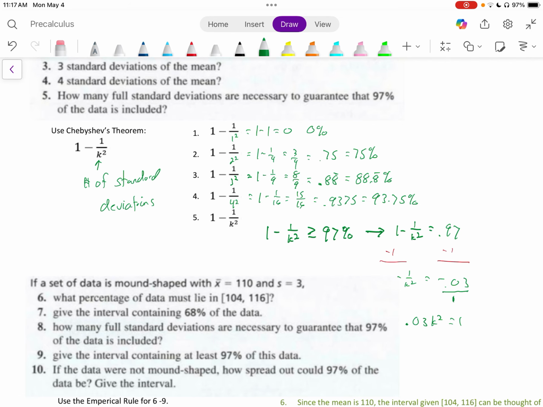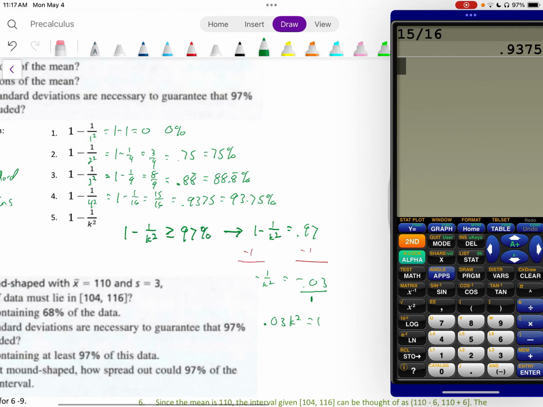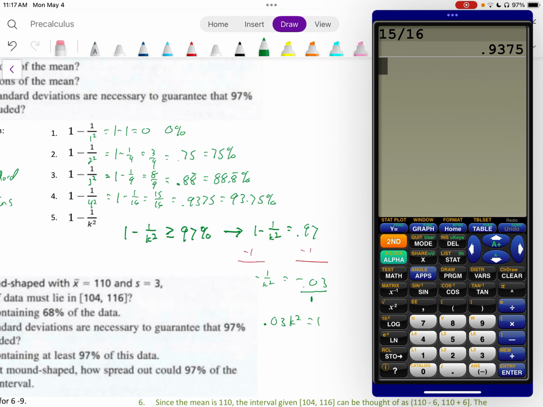Divide by 0.03. So I'm going to slide this over, bring out our calculator. We will divide by 0.03. 1 divided by 3/100ths. And so we have k squared equals 33.3 continuing.